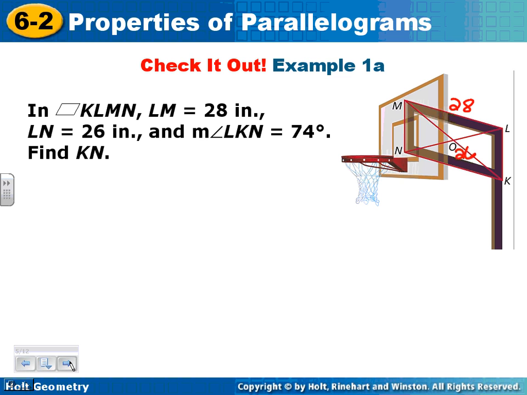L, K, N is 74. Find KN. So KN looks like it would be the very bottom. So K to N, and that would be the same as the very top. So if the top is 28, the bottom would be 28 as well.